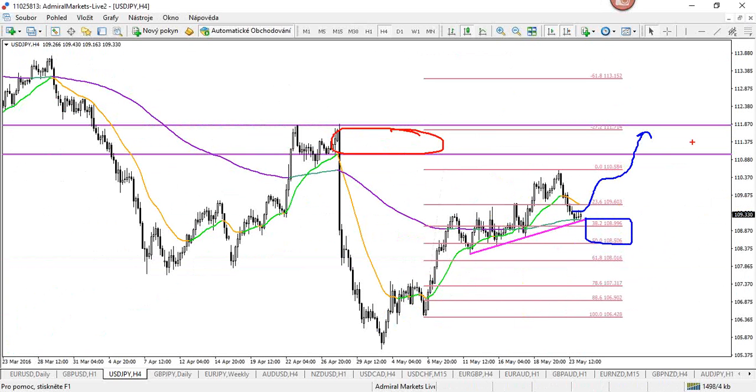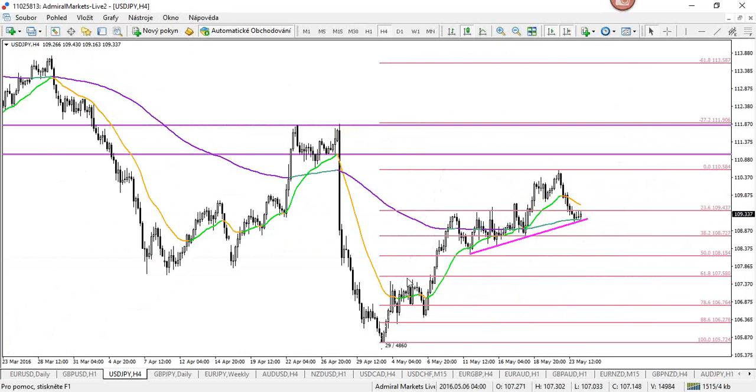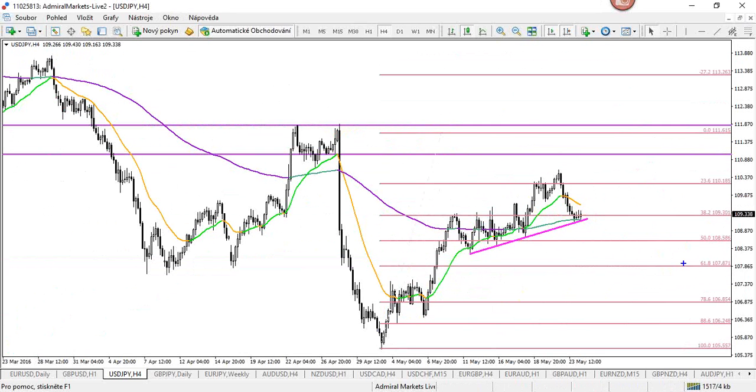If we see 5 waves like that, we'll probably see an ABC pattern to the downside, and price will retrace deeply, probably down to the 61.8 most likely, and then bounce there for a significant rally.